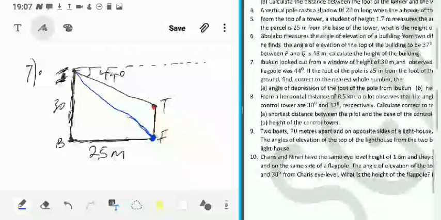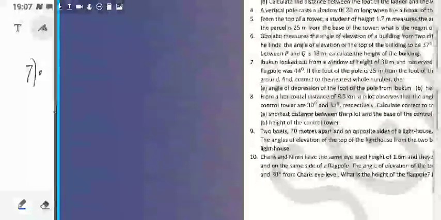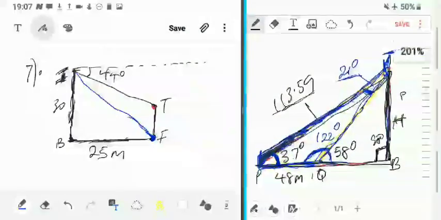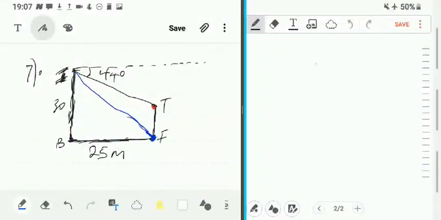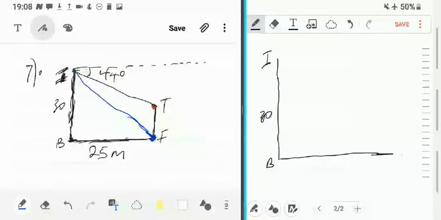Okay, let me transfer it so that we can work clearly. This was the window. This is Ibukun. This is the height, 30 meters. This is the base of the window where she's standing. Okay, this is the foot of the flagpole.